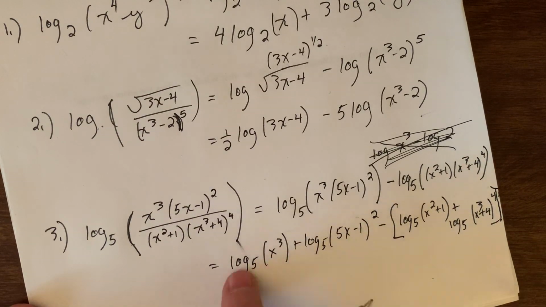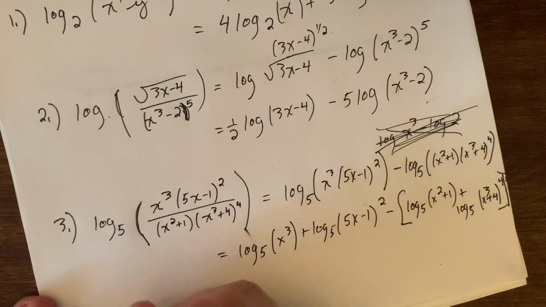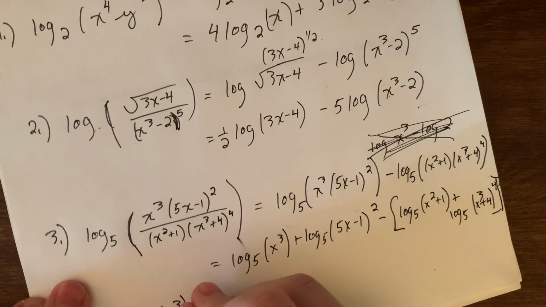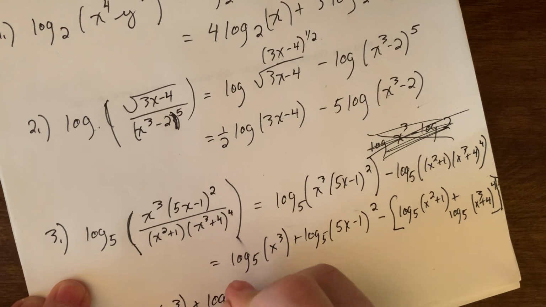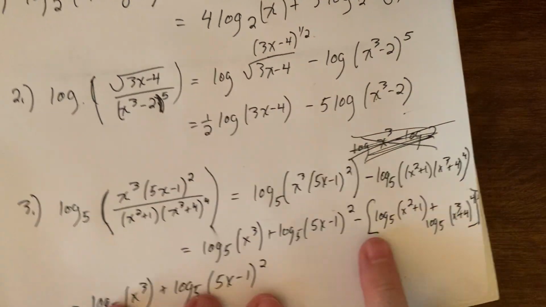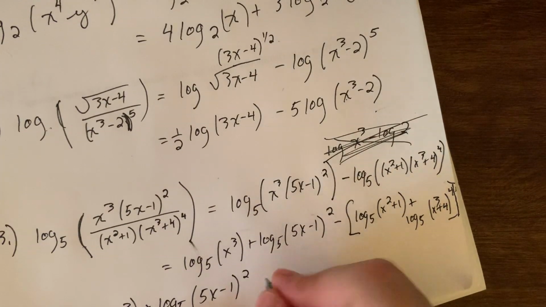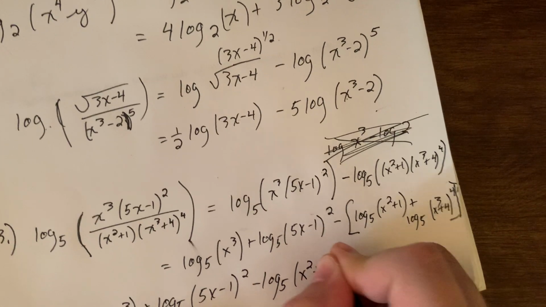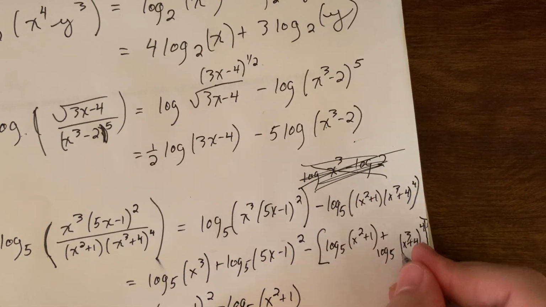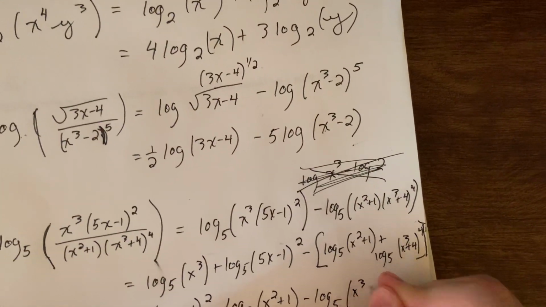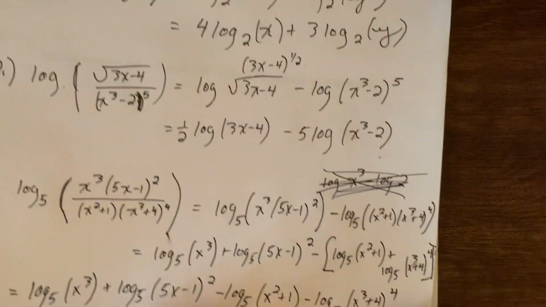I mean, I still have exponents I'll clean up, but just so far that's okay. Log base 5 x cubed plus log base 5 5x minus 1 squared. But now right here, distribute that negative: minus log base 5 x squared plus 1 minus log base 5 x cubed plus 4 to the 4th power.